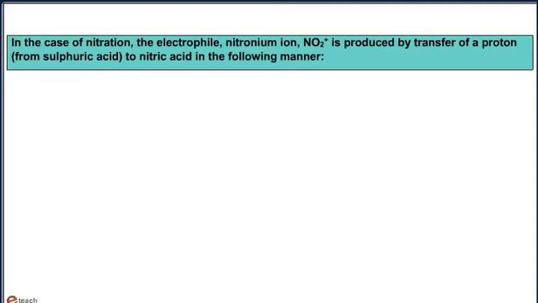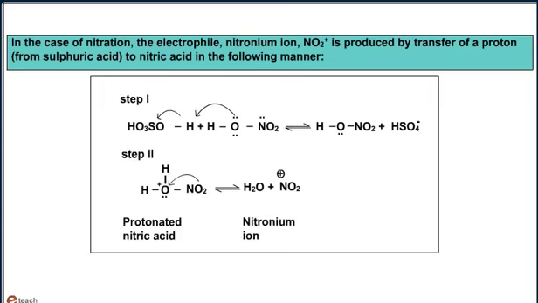In the case of nitration, the electrophile nitronium ion, that is NO2+, is produced by transfer of a proton from sulfuric acid to nitric acid in the following manner. Step 1 involves H2SO4 plus HNO3 reversible gives H2NO3+ plus HSO4-.